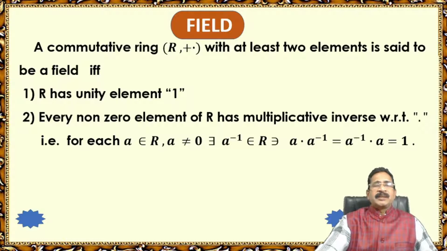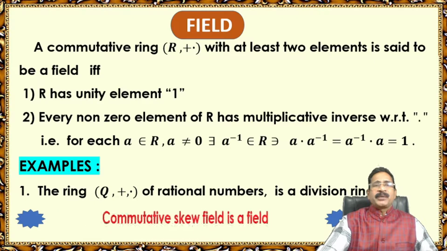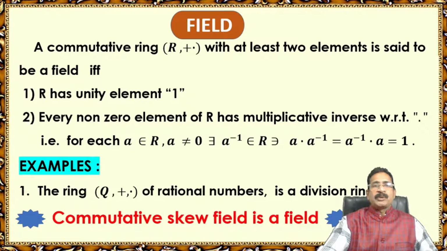That is, there exists a⁻¹ belonging to R such that a·a⁻¹ = a⁻¹·a = 1. And for this field, we have an example: the ring of rational numbers (Q, +, ·) is a field. Now, look at the field and the skew field. The only difference is the commutative law. That is, a commutative skew field is a field.